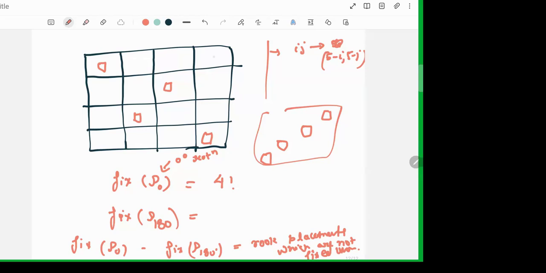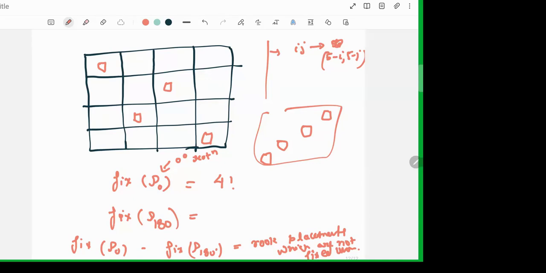If you put it anywhere in the first row, then the second one cannot come just below this. At last, the fourth one should come somewhere below that. Because all entries cannot be in the same column, the first column cannot be empty, because we have only four columns and four rooks. One column cannot have two rooks, so every column should have at least one rook. Okay. So I'm not saying the first column is empty. I'm saying the first row has all four choices. The rook can be placed anywhere.